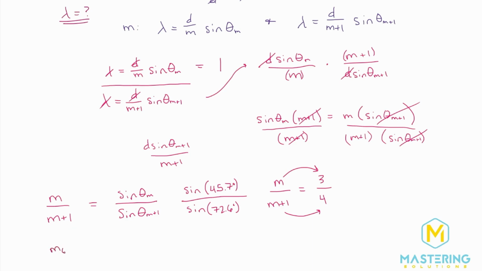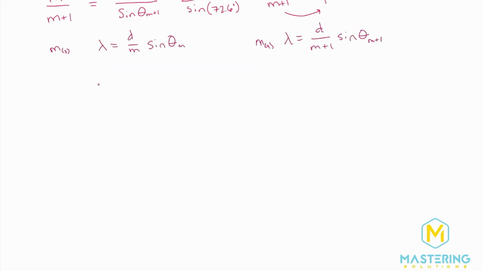So for m of 3, lambda is equal to d over m times the sine of the angle for m, and our m plus 1, in this case we found, is 4. That is lambda equals d over m plus 1 times the sine of the angle that corresponds to the m plus 1 bright fringe. So now we have all the information.